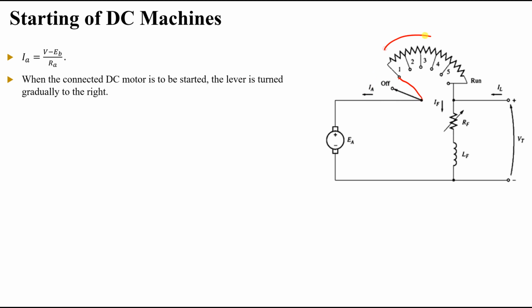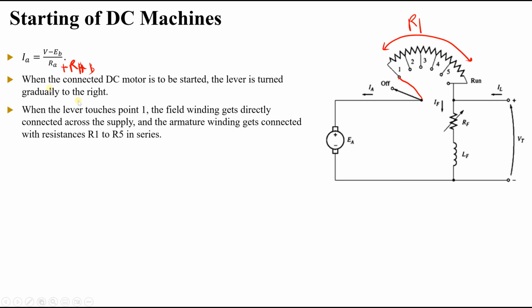So we will have all of this resistance R1 added in series, so the total will be RA plus R1, whatever it is. So the current will be limited. Instead of having 6 times or 8 times the rated current, it will be reduced to the specific value that I need. Let's say, for example, a maximum of 2 times the rated current.